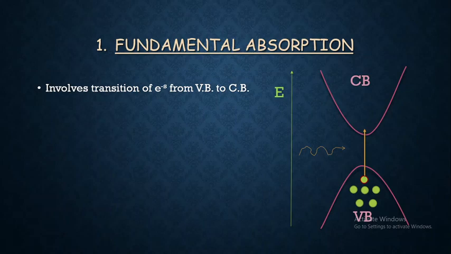So here we can observe that the electron from the valence band is transited to the conduction band. The transition is between two different bands, and that's why we call it an interband transition, and the absorption is interband absorption.